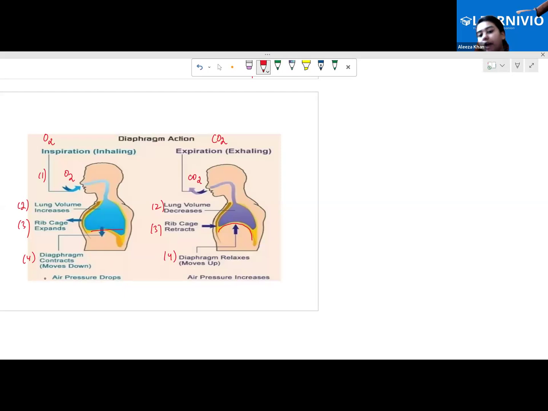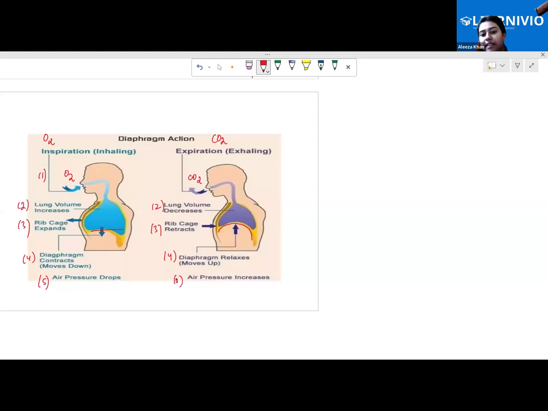Now, in the case of inhalation, there is a drop in the air pressure. Why? Because you are taking the air into your body. Pressure is decreased in the body, that's why you are taking air in.